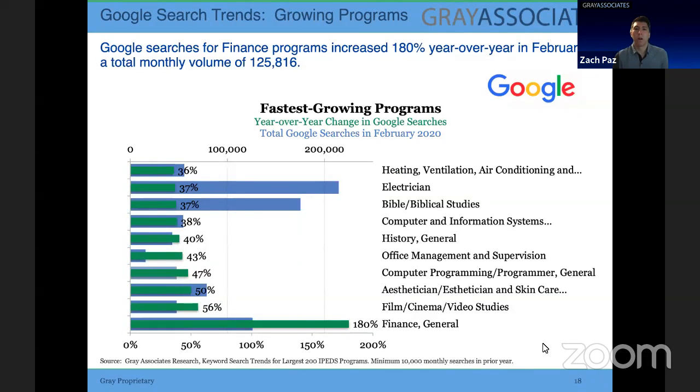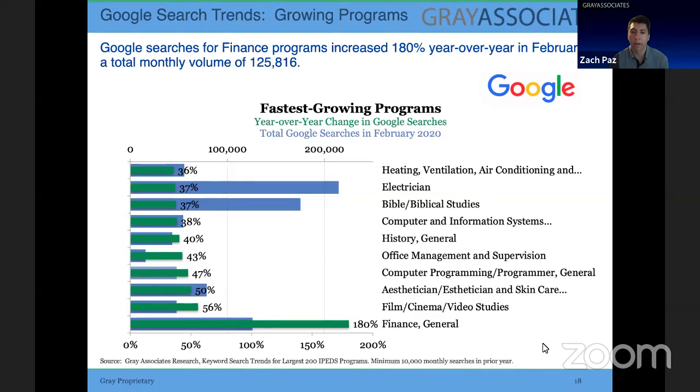Which programs were growing? A couple, just starting at the list: we have a couple of trades programs, HVAC and electrician. Electrician is one of the largest in terms of searches, and so to see such a large program still growing at a high percentage year over year suggests that it's a really strong, large program.